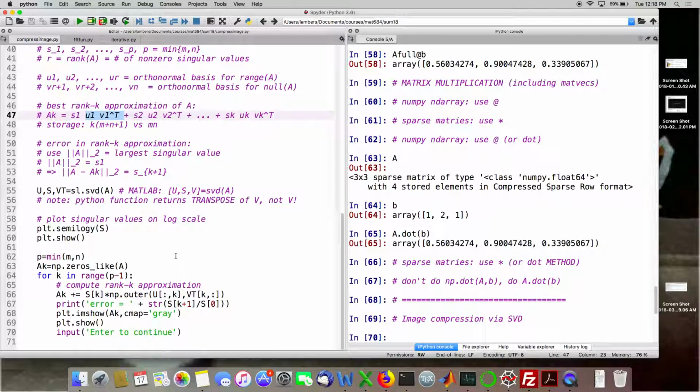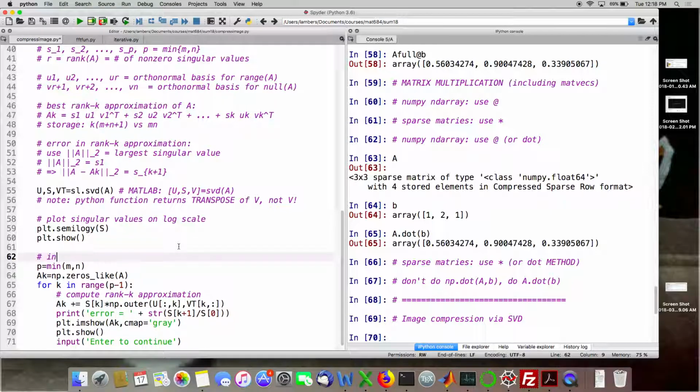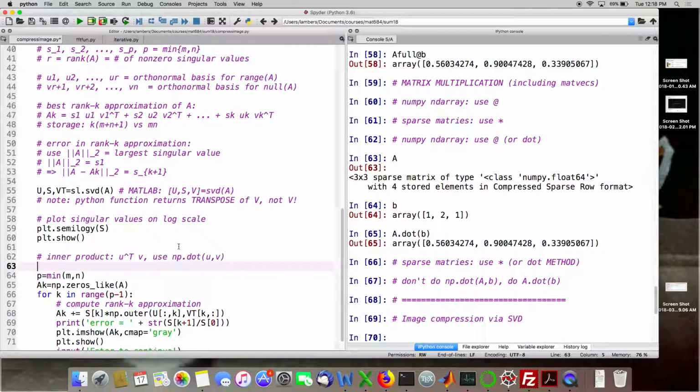That is called an outer product. To distinguish, inner product is U transpose V. And we can use np.dot of U and V, as we saw earlier in this class. That thankfully works.